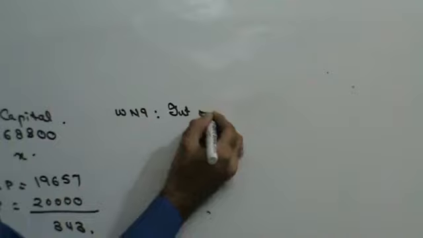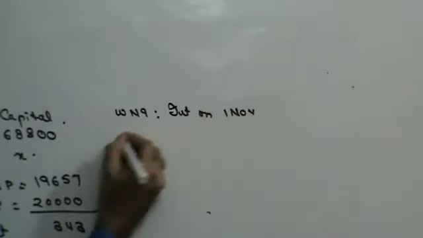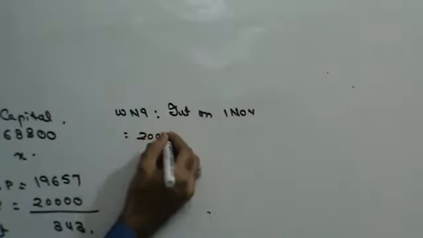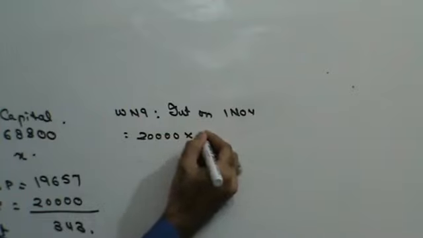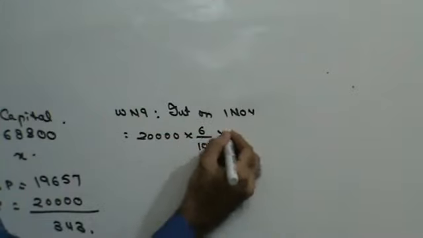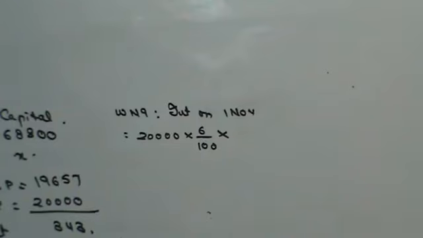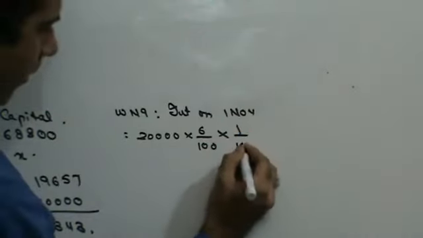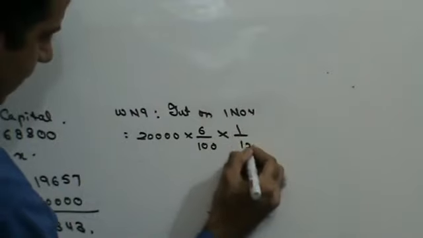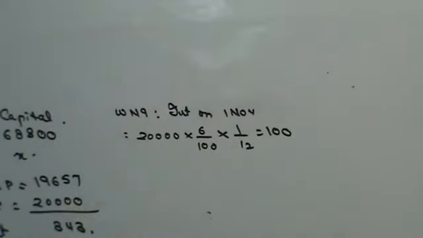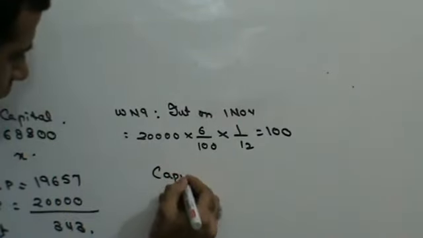Working note 9. Interest on 1st November. 20,000 worth instruments you are selling. The interest rate is 6%. 1st November. You just paid interest on 30th September. That means 1 month. 100. This is 100. Okay. So interest is 100. Now let's find out the capital value.